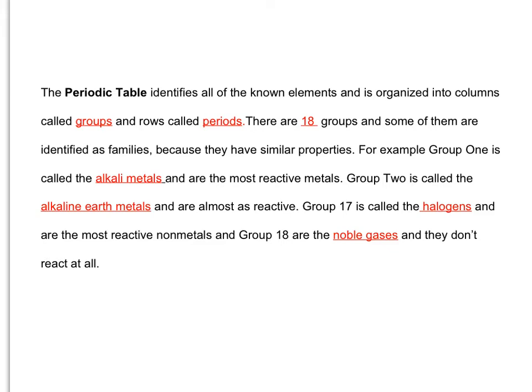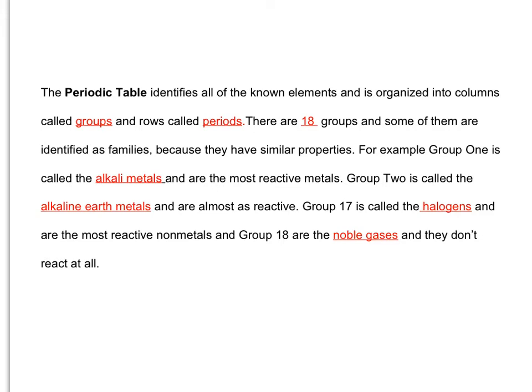Group 2 is called the alkaline earth metals, and these are almost as reactive as the alkali metals. Group 17 is called the halogens, and these are the most reactive nonmetals. Group 18 are the noble gases, and they don't react at all.